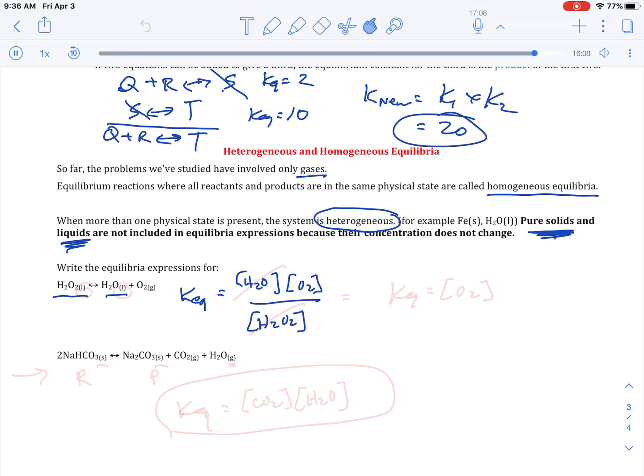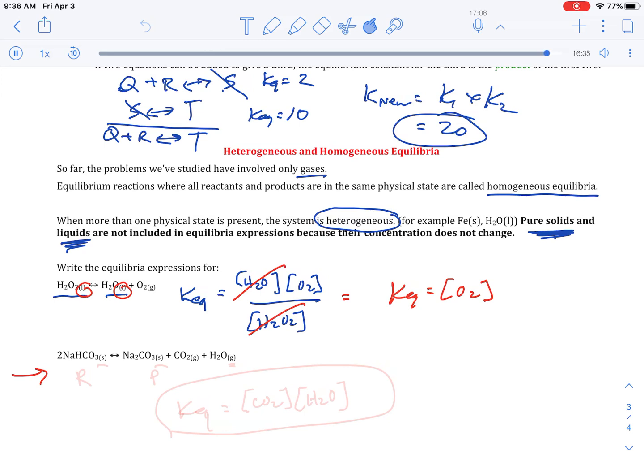But this would be incorrect because of the liquid state, which are condensed states, which means these cannot be expressed in concentrations, so they must drop out of our expression. So therefore, KEQ is just going to be the concentration of oxygen. Try the second one here and see how you do.